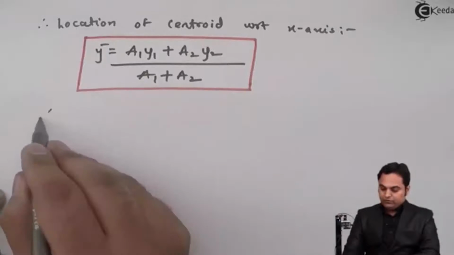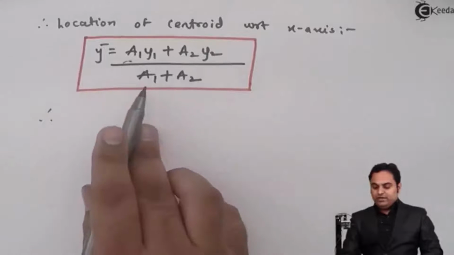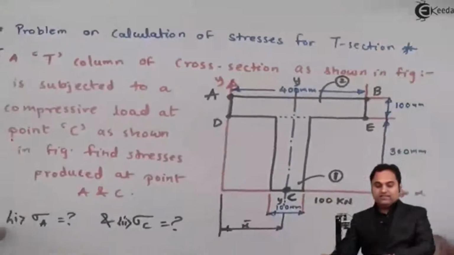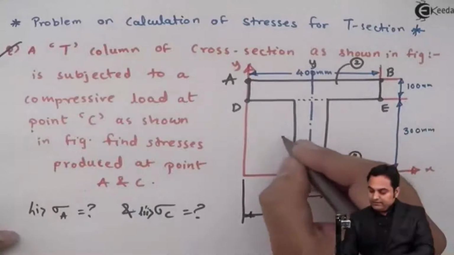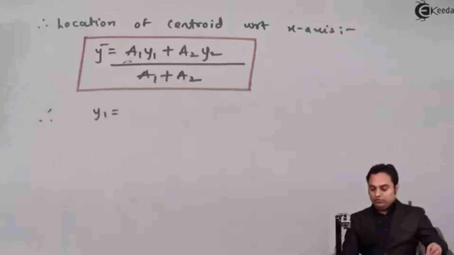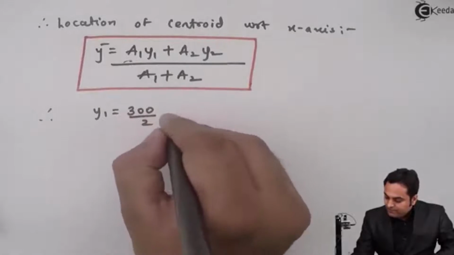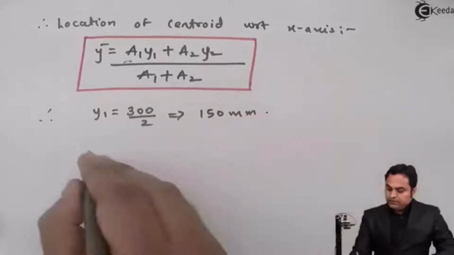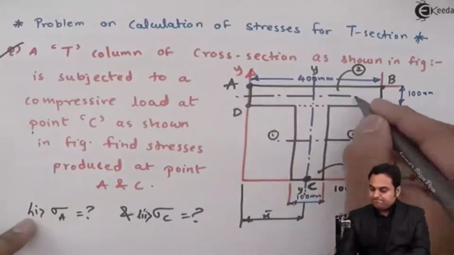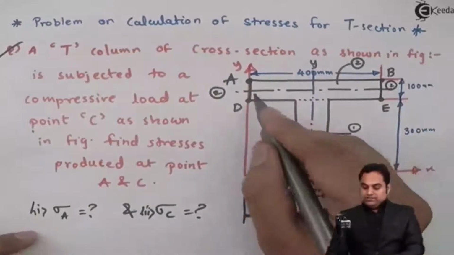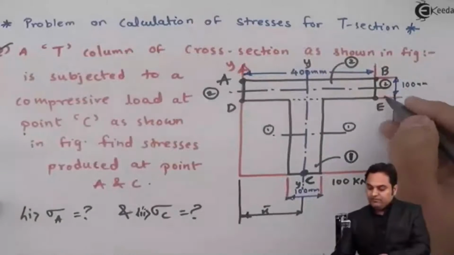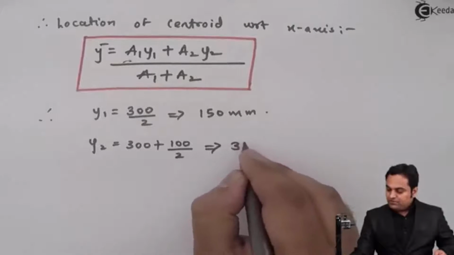All the values A1, A2 and the total area are known except y1 and y2. y1 is the distance to the centroidal axis of rectangle 1, which passes through half of 300, so y1 is 150 mm. y2 is for the second rectangle: first there is 300 distance, so 300 plus half of 100, so this is 350 mm.